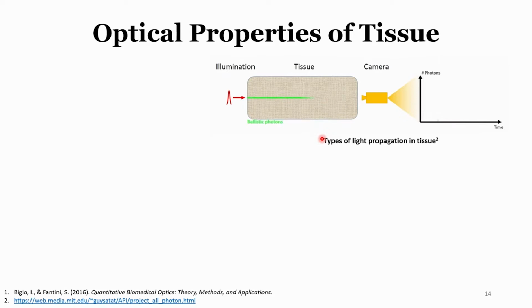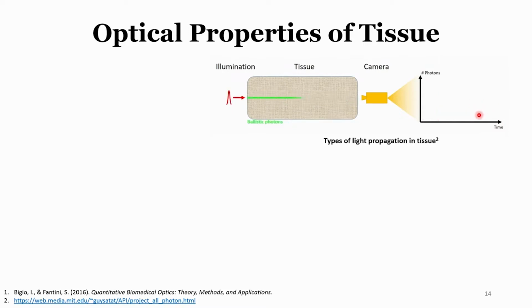In the next few classes we will also talk about the diffusion process and the transport equations, and how those can be used to characterize or reverse engineer the optical properties of the tissue, such as scattering coefficient and absorption coefficient. Here you can see that the ballistic photons undergo minimum scattering and arrive first, then the snake photons arrive after the ballistic photons, and then the whole lot of other photons are the diffused photons that arrive after the snake photons.